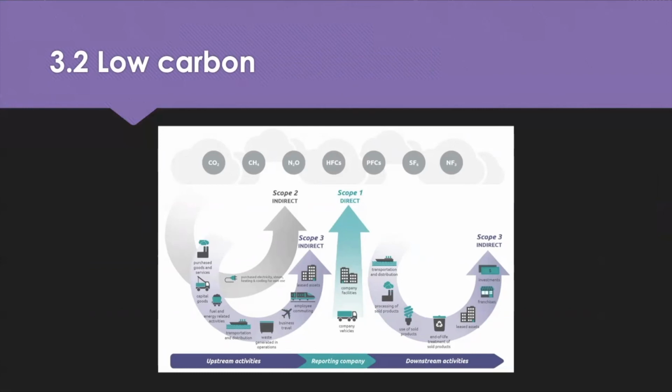You have scope 1, which is emissions from processes undertaken by your organisation, for example, emissions from vehicles owned by your business. The second is emissions from generation of electricity consumed by your organisation. And scope 3 usually dominates the footprint. For example, Unilever estimate that scope 3 makes up 90% of its footprint because it's all the stuff that you've basically outsourced, it's all indirects.